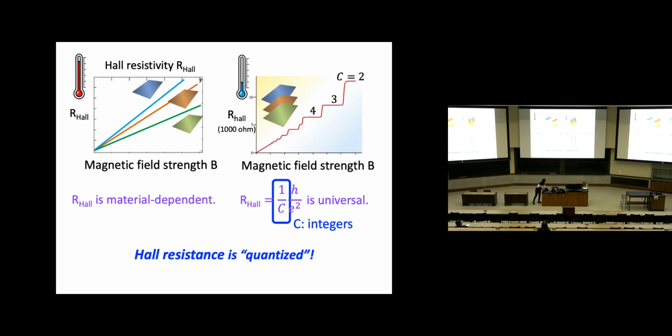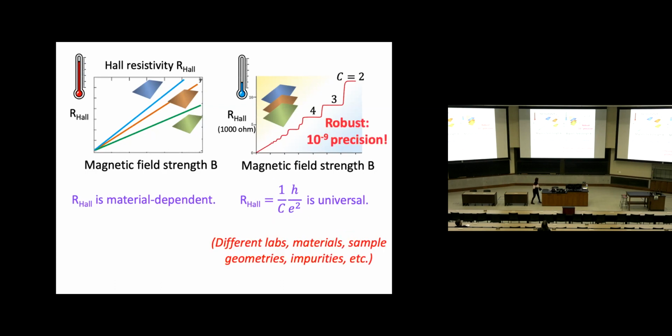Now let me emphasize another surprising thing. These numbers are obtained very robustly across samples prepared in different labs, and even using different materials, as long as it's a metallic film or semiconductor film. It doesn't matter which atoms we're looking at, which materials, and the sample geometries don't matter.